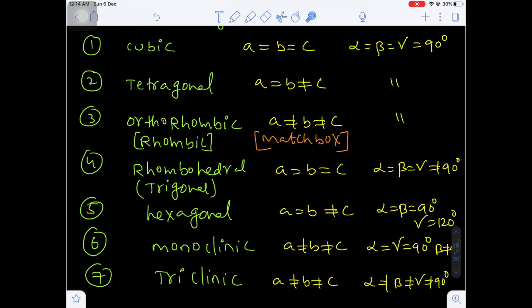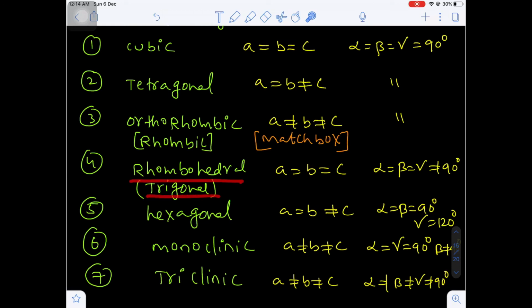This is very important. Number 1, cubic system: a, b, c equal, alpha, beta, gamma 90. Last system, triclinic: a not equal to b not equal to c, and alpha, beta, gamma not equal to 90. Tetragonal: a equal to b but not c, alpha, beta, gamma equal to 90. Orthorhombic, the matchbox type system: a not equal to b not equal to c, but alpha, beta, gamma equal to 90.